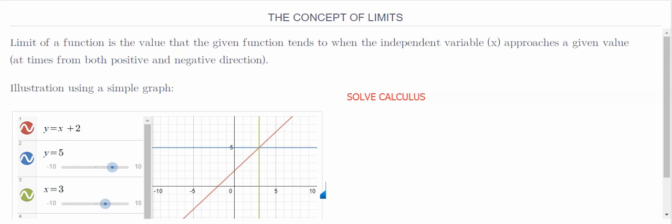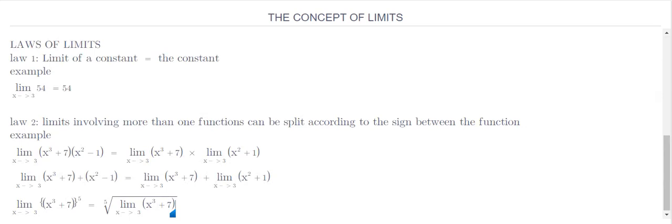Now, let's look at something briefly on the laws of limits. There are very many laws of limits, broken into smaller parts. I have simplified them into 2. The first law of limit is that the limit of a constant is equivalent to that constant.